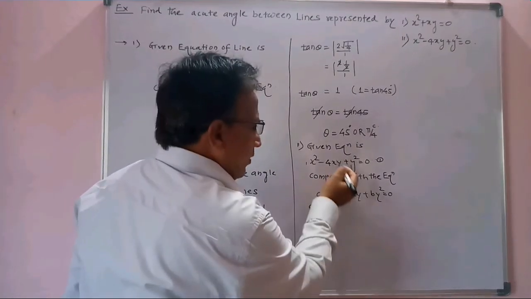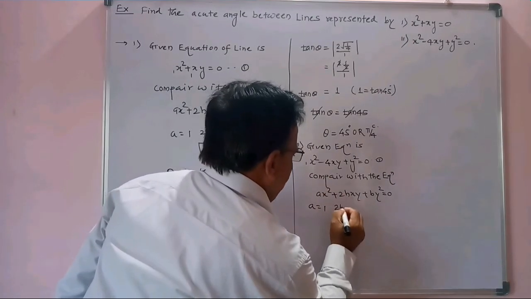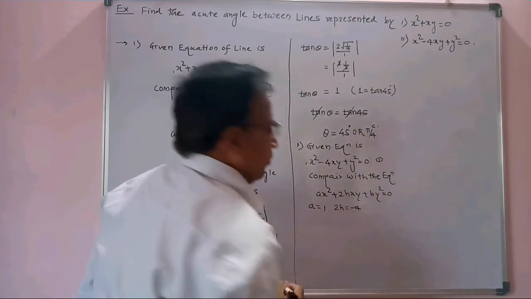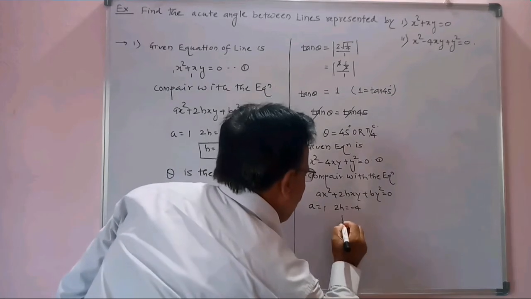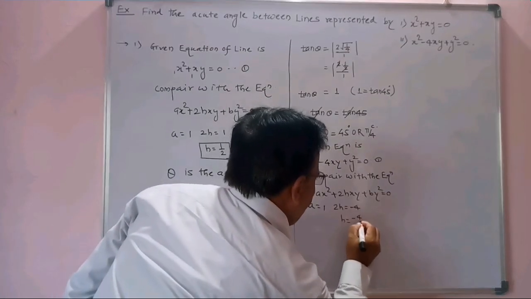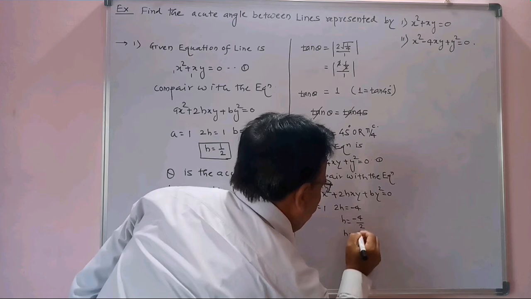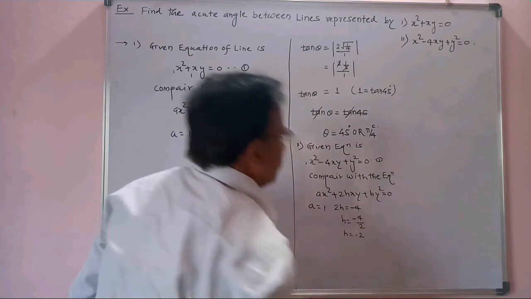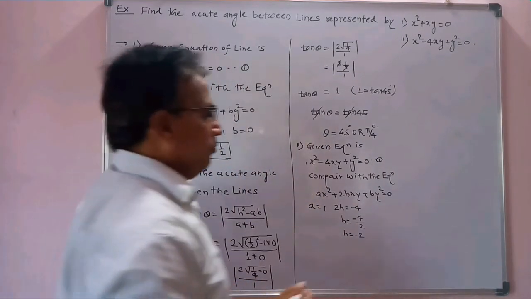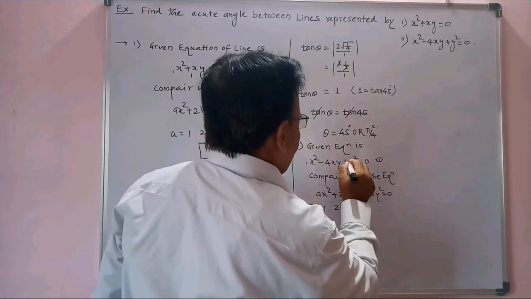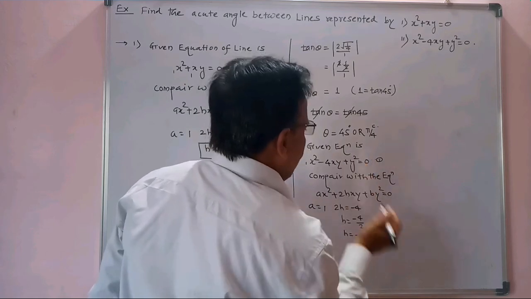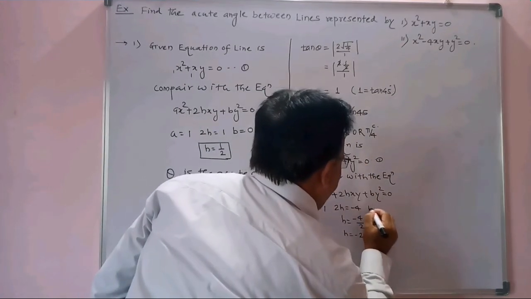This xy and this xy match, therefore 2h equal to minus 4, h equal to minus 4 divided by 2, h equal to minus 2. The coefficient of y square is 1. Therefore, the value of b is 1.